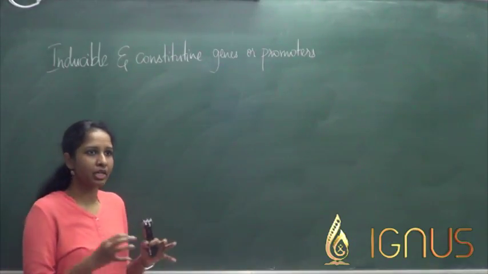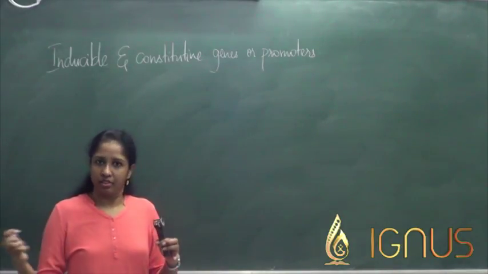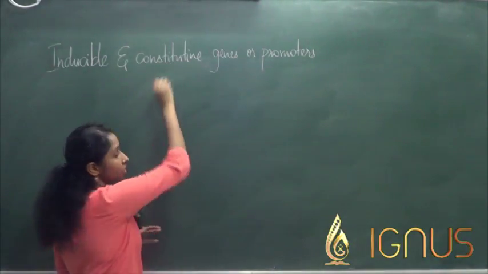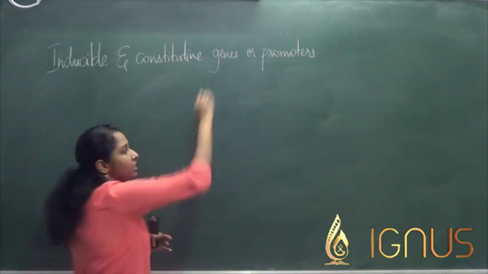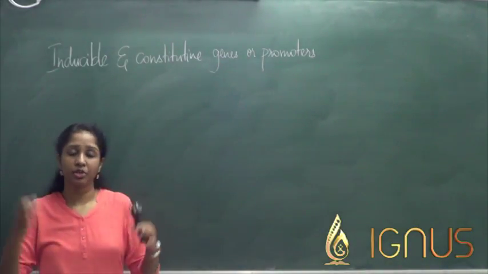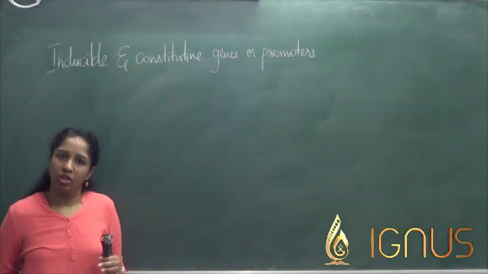It does not require any sort of help for it to transcribe the gene that it controls. Whenever a constitutive promoter is there, that gene is going to get transcribed all the time, and it's going to get translated all the time, so that protein will be available all the time.